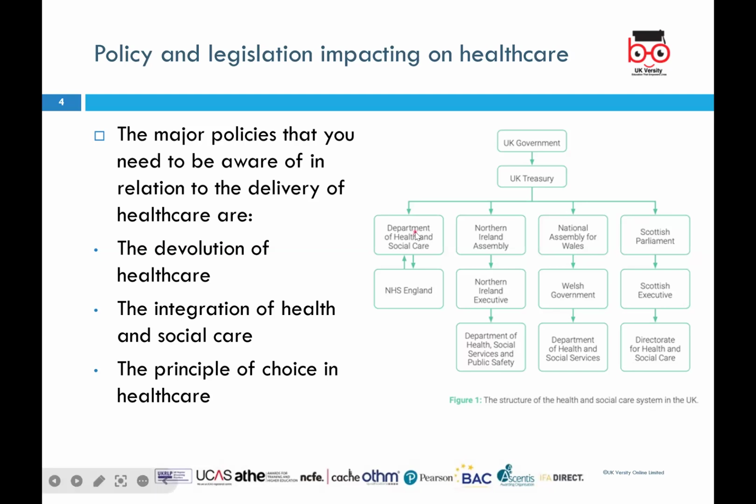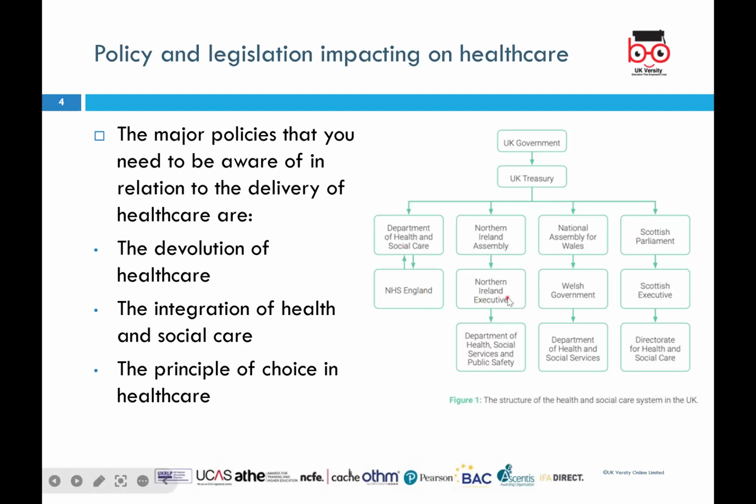Okay, so the major policies that you need to be aware of are in relation to the devolution of healthcare. How is healthcare being divided? Under what domain does healthcare come? For instance, within NHS England, it is the Department of Health and Social Care.